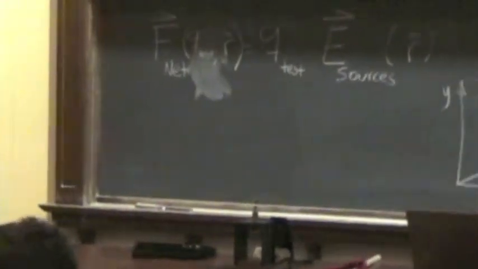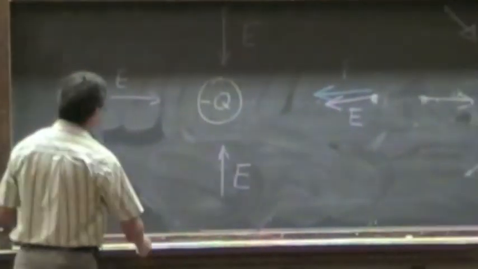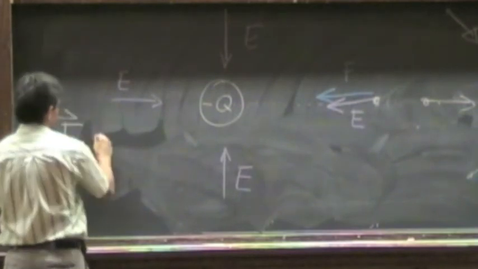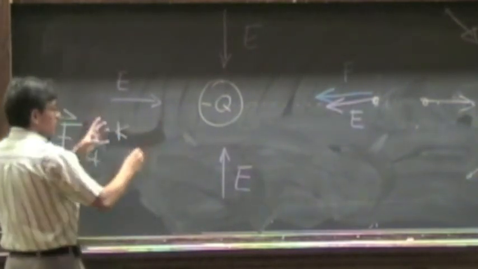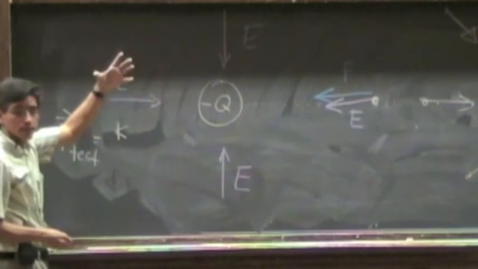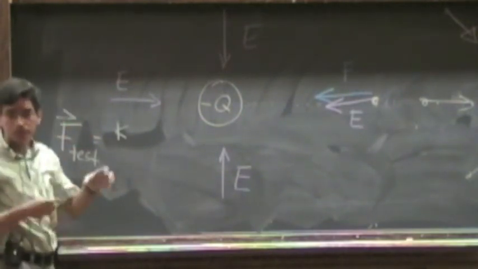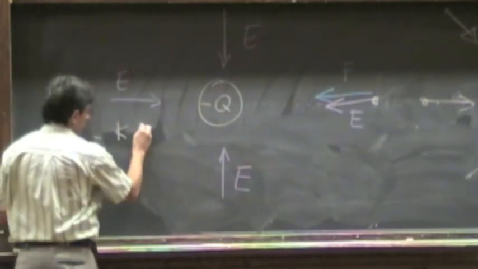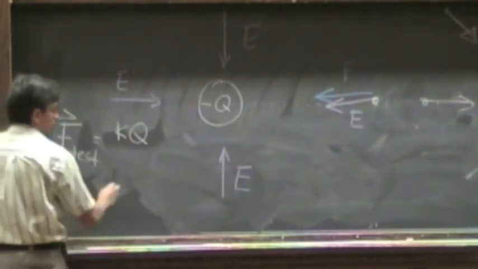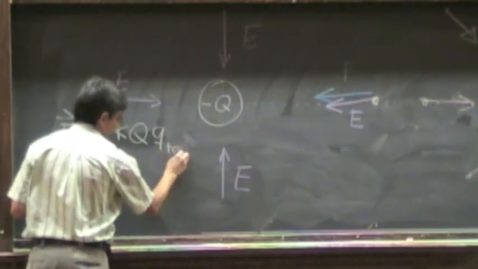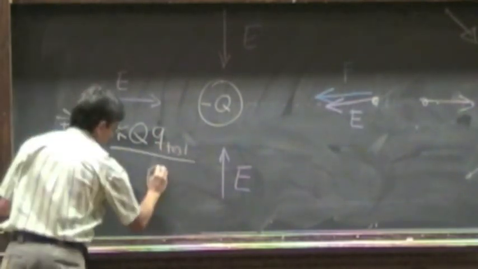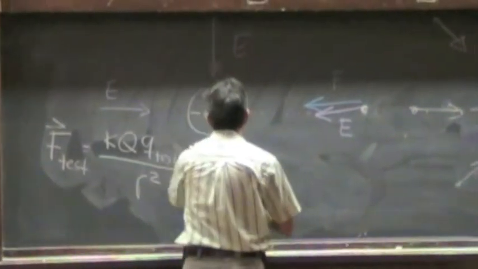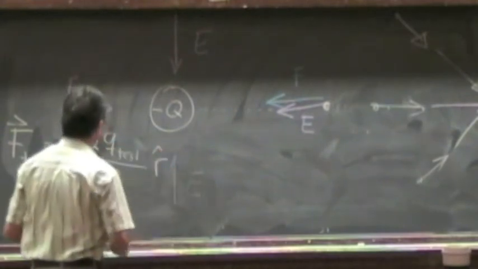So the question, of course, for both of these cases is that the force on the test particle is just Coulomb's law, right? We're assuming, and that's the part of electrostatics, that's where the name comes from. Statics means we're assuming the particles are not moving, so we can use Coulomb in this case. So k times the charge Q that you have, the test particle has some charge, divided by the distance at which you located the test particle squared, multiplied by the unit vector r.